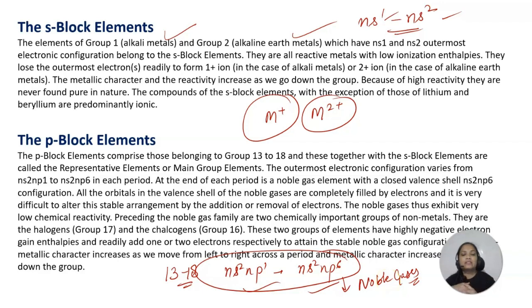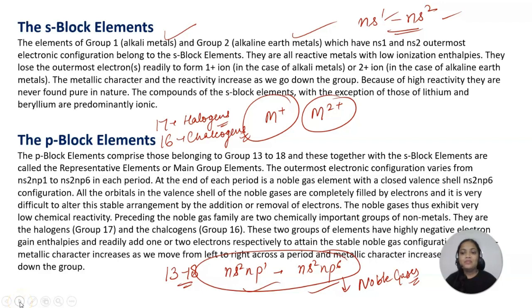In all noble gases the valence shell is completely filled and they are extra stable, so they have low chemical reactivity. Then we have two important groups: group 17, the halogens, with highly negative electron gain enthalpy, and group 16, the oxygen family, which we also call chalcogens. They are non-metallic, mostly, not all, because non-metallic character increases as we move left to right in the periodic table.